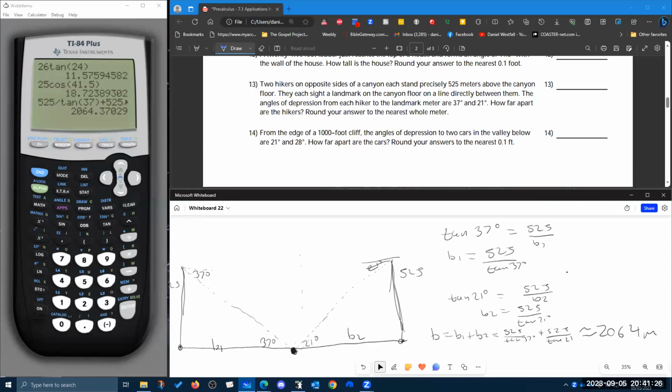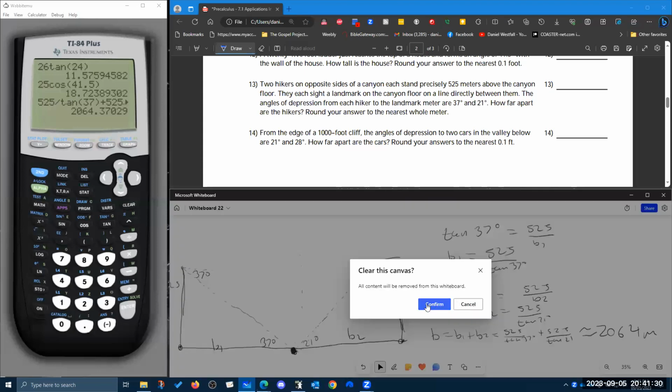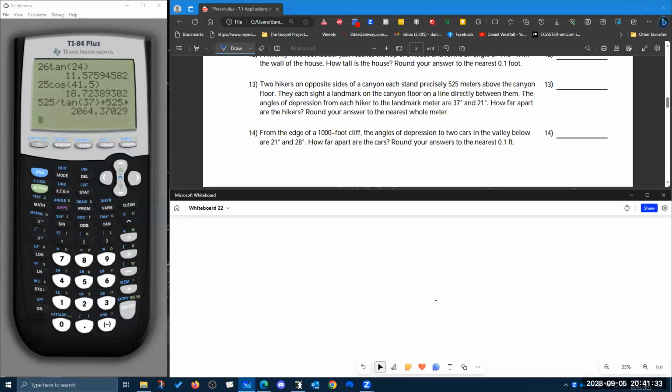From the edge of a 1,000-foot cliff, the angles of depression looking down at two different spots here. The angles of depression to two cars in the valley below are 21 degrees here and then 28 degrees here.